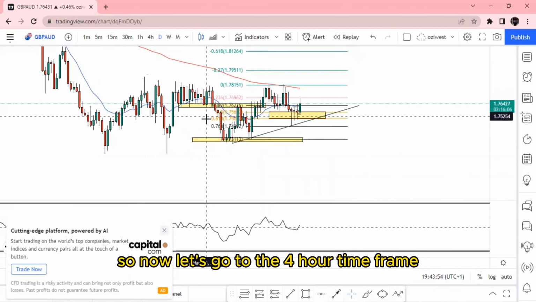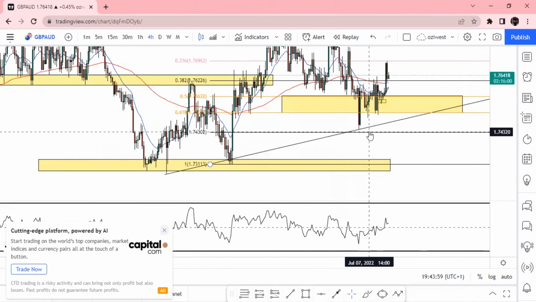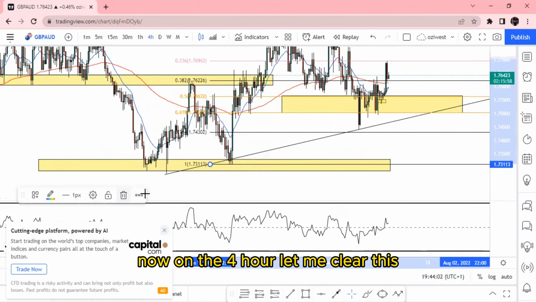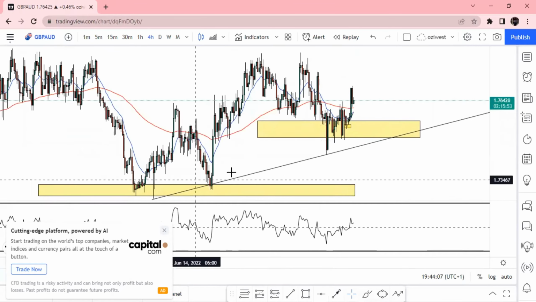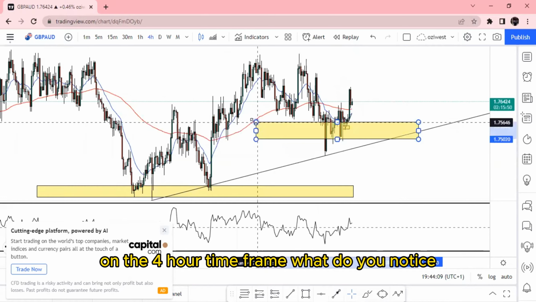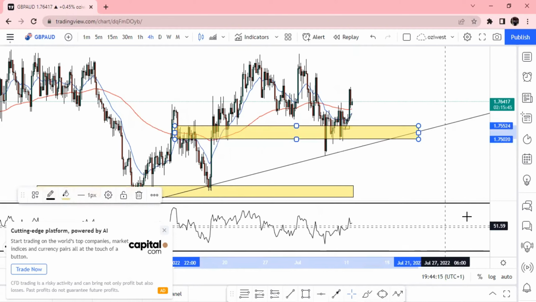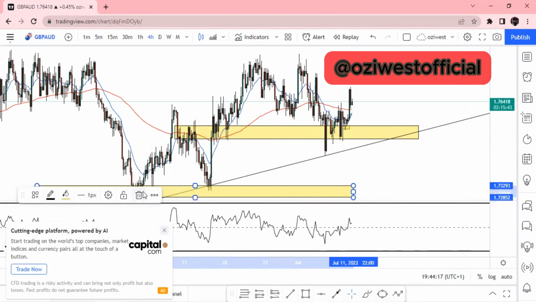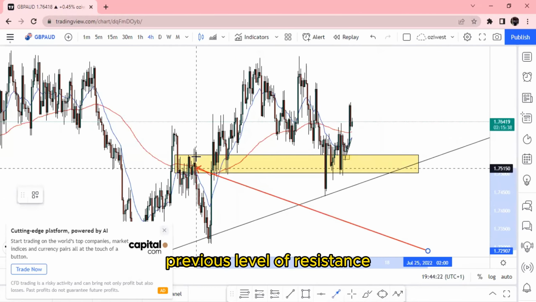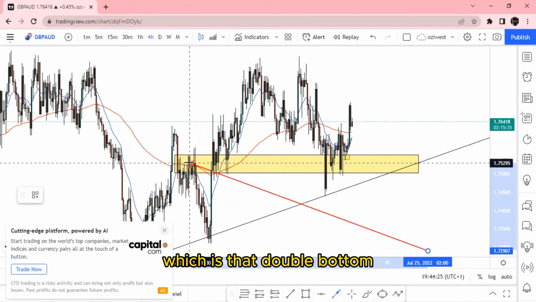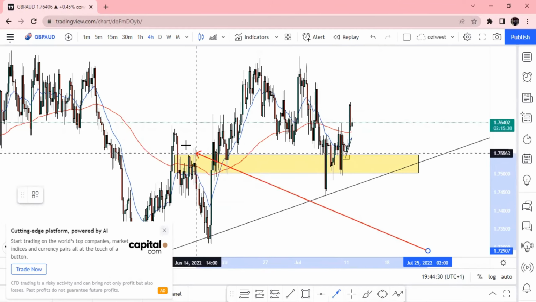So now let's go to the 4-hour time frame. Having seen that on the daily, now on the 4-hour, let me clear this. What do you notice? Previous level of resistance, which is the neck of that double bottom that we saw on the daily.